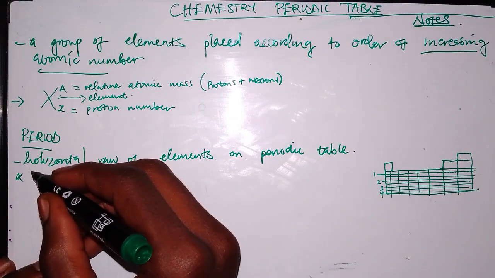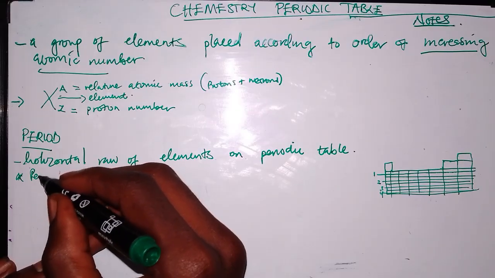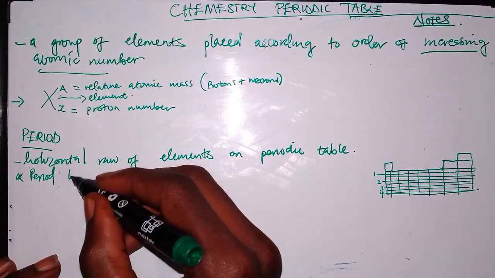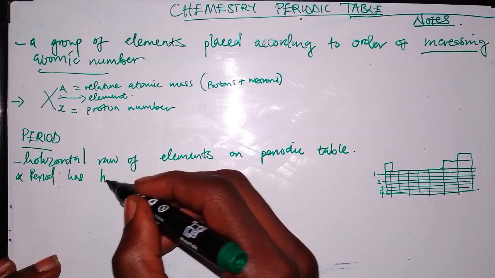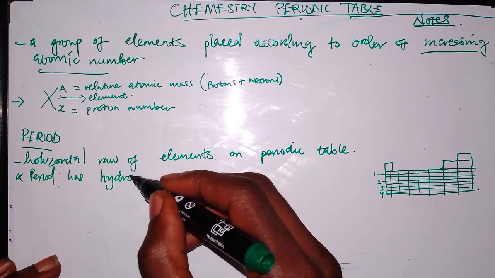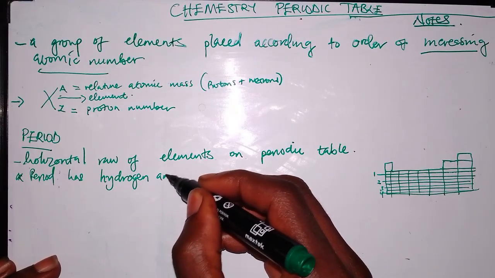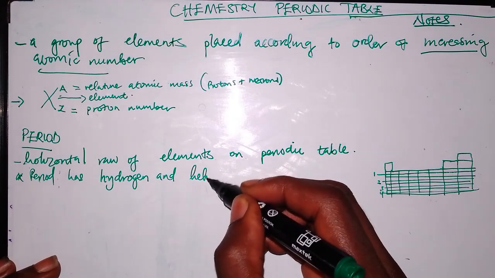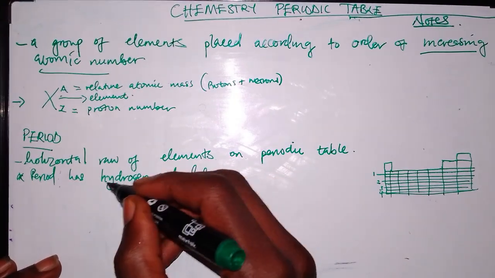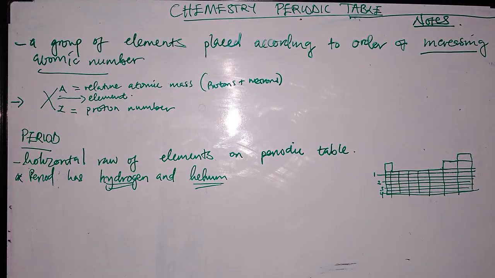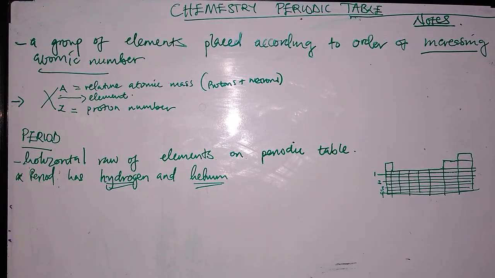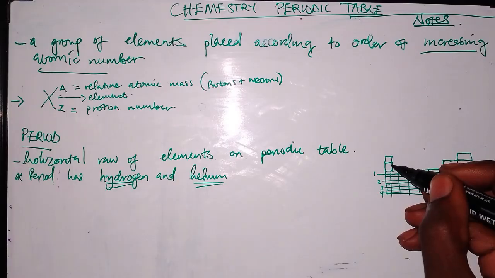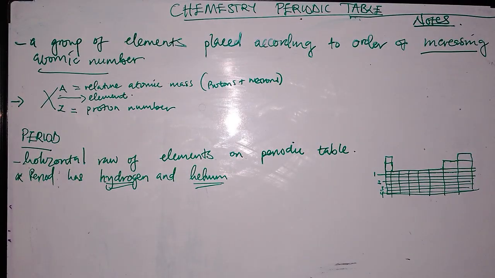So the first period, or period 1, has only hydrogen and helium. That period on top, which only contains 2 elements, helium and hydrogen, is known as our first period.